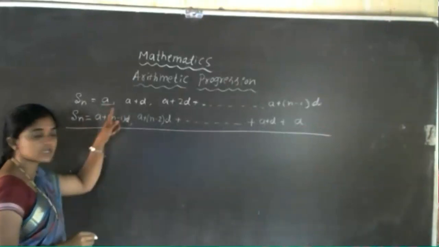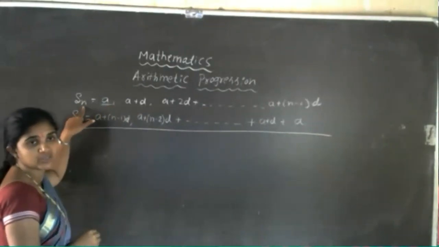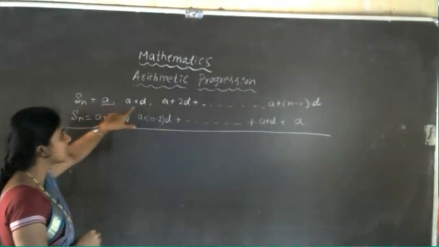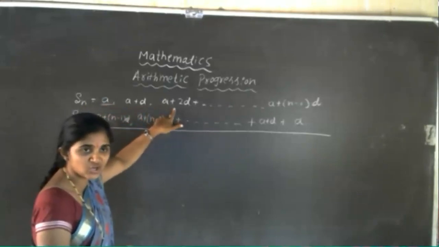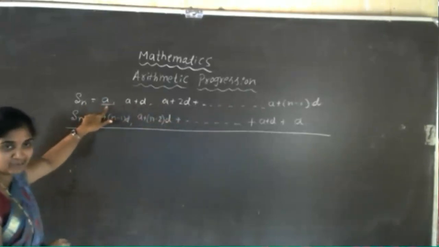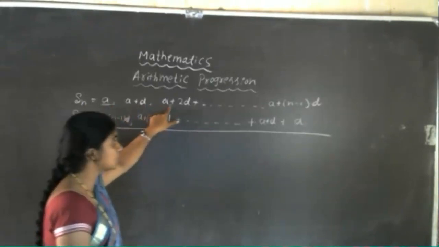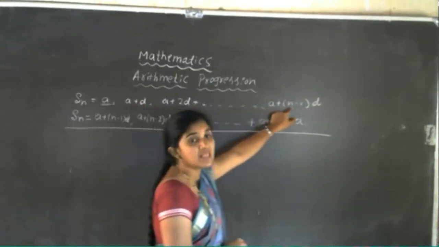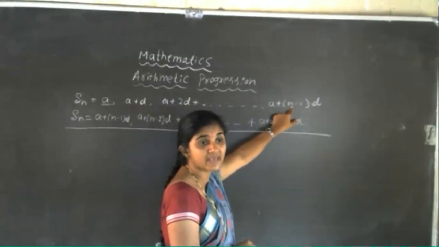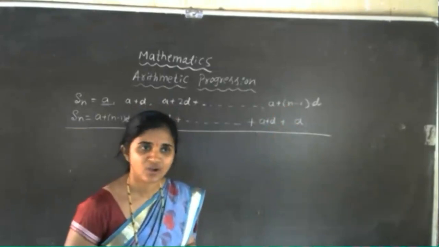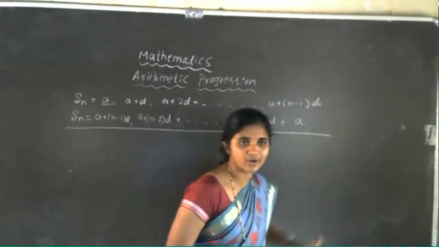So here you just observe. First, Sn I took, the sum of n terms of an AP. The general form is A, A plus D, A plus 2D, and so on, up to the last term of the AP, which is A plus n minus 1 into D. Okay, so this is the normal order.